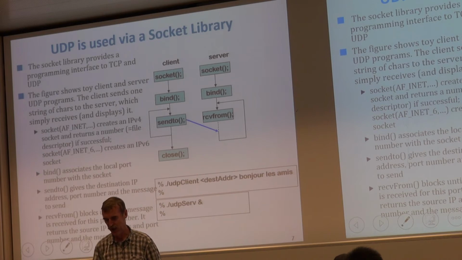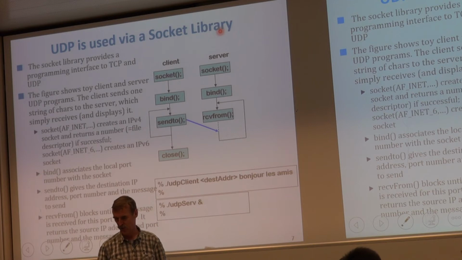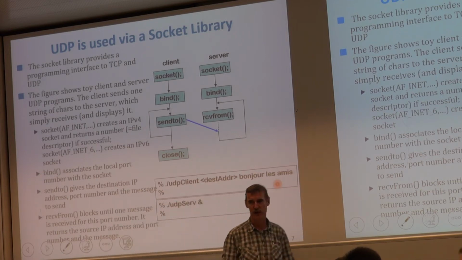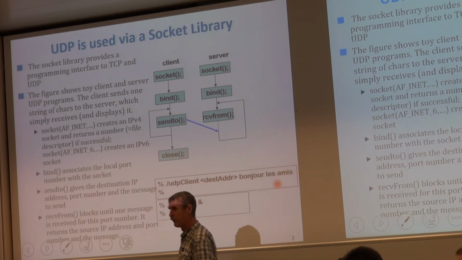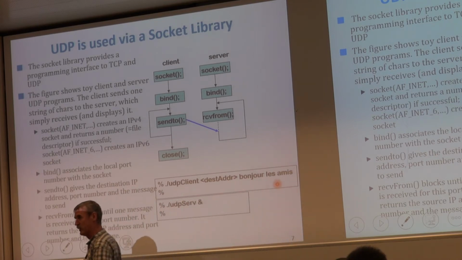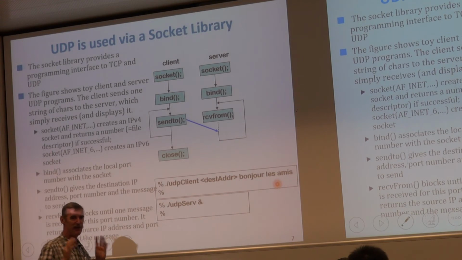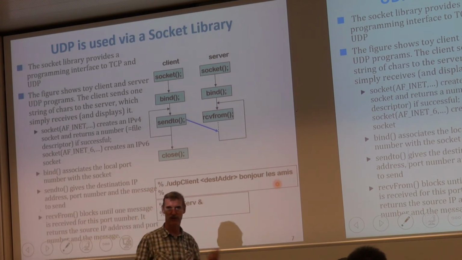Here is how a client and a server might communicate with TCP. For example, this is a very simple program that sends 1 string of character to another one. One of them has to be a server, because there is no other way of using TCP and UDP today. Even if you have something that says beyond client server paradigm, blah, blah, it will still be a client and a server somewhere.